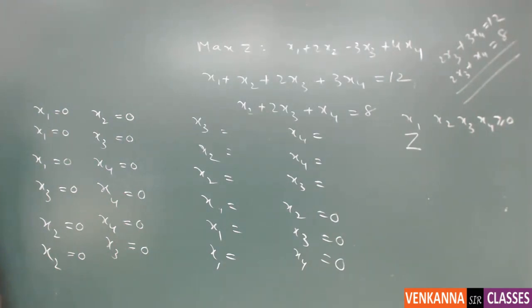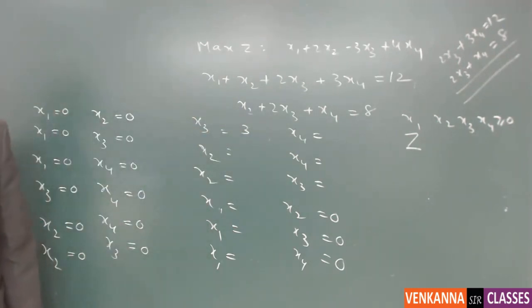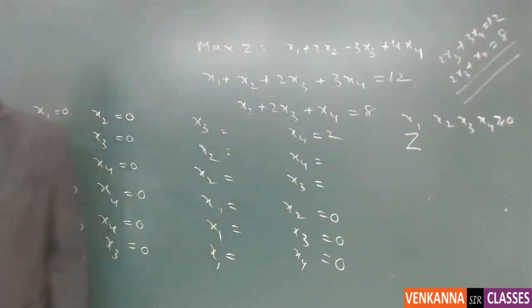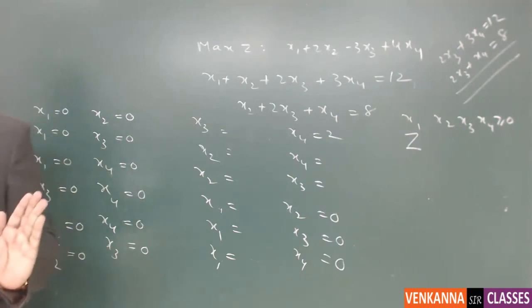Is the procedure clear for everyone? x3 is equal to 3 and x4 is equal to 2. So x3 is 3, x4 is 2.